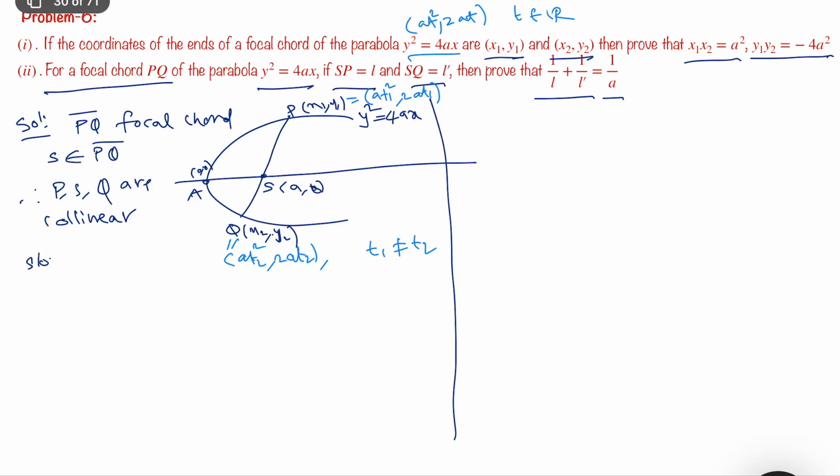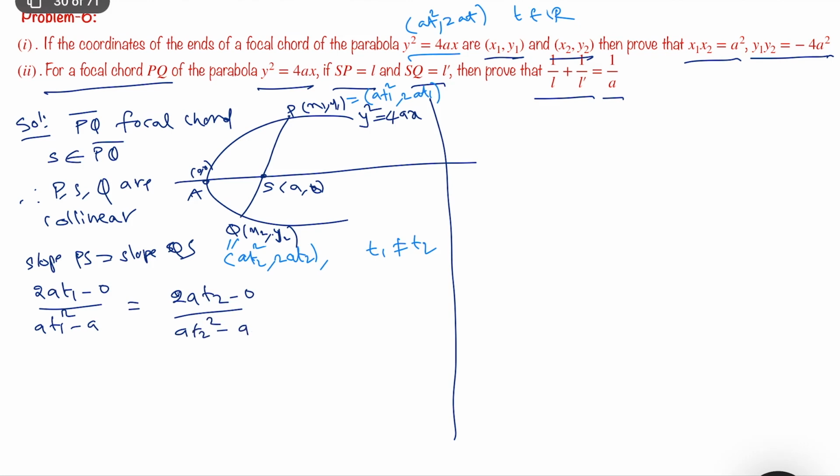That means we should have the slope of PS same as the slope of QS, as P, S, Q are collinear. What is the slope of PS? It should be (2at1 − 0)/(at1² − a). And what is the slope of QS? (2at2 − 0)/(at2² − a).